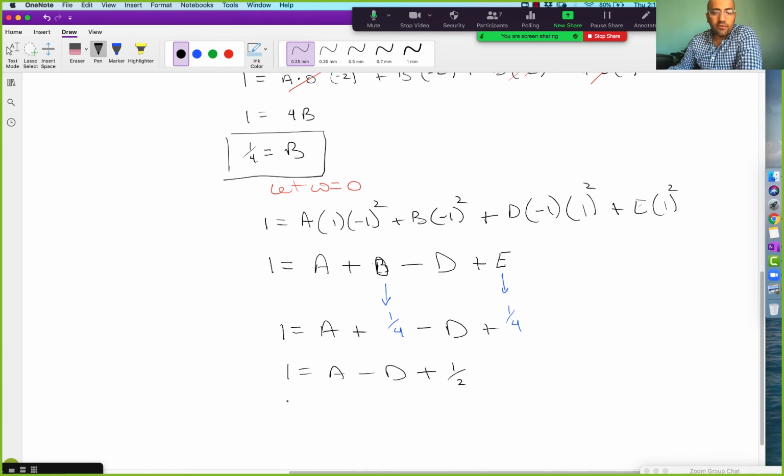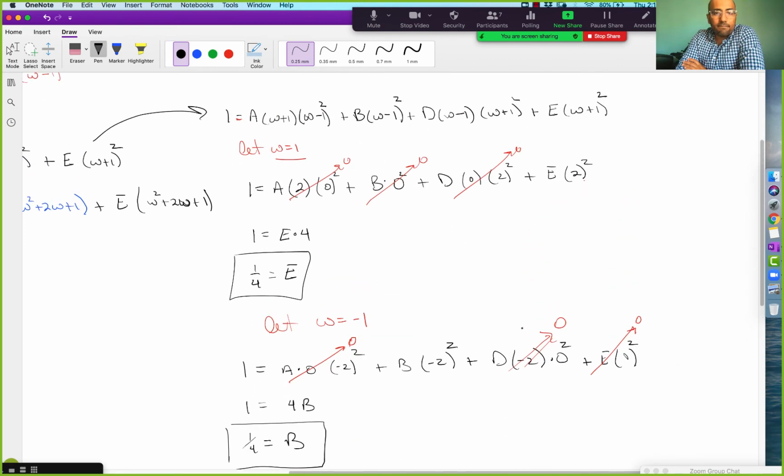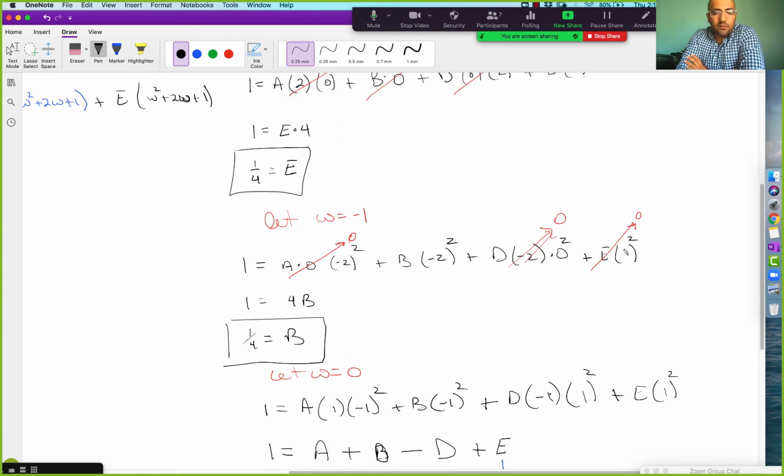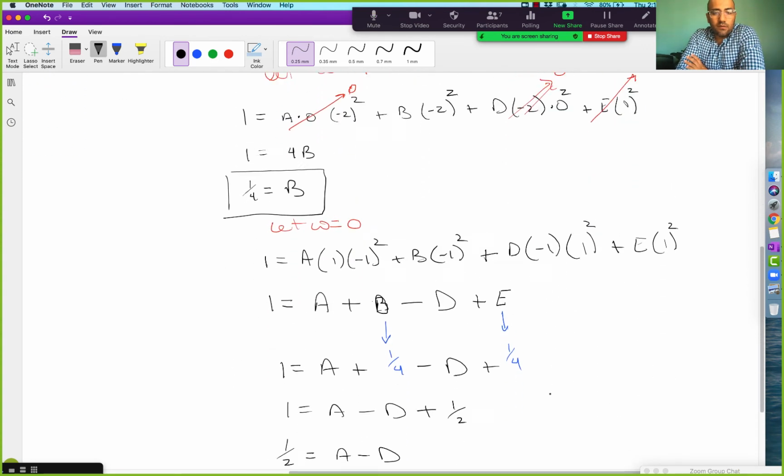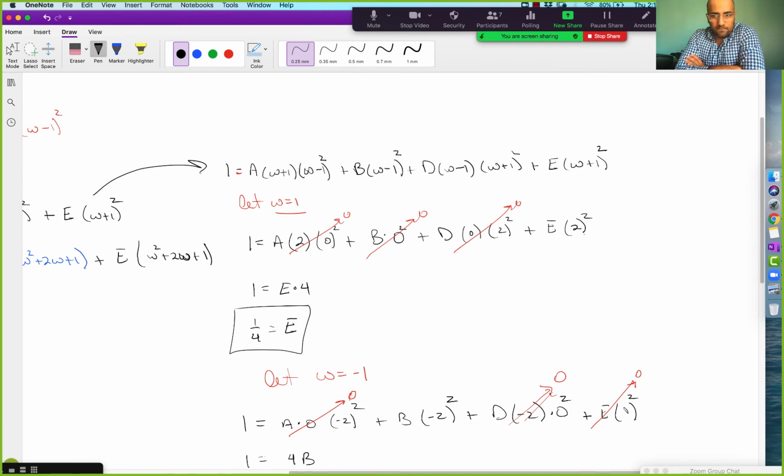Moving that to the other side, we end up with 1/2 is equal to A minus D. Okay, so let's see, what else could we substitute? We've tried 1, -1, and 0. Let's see, what else would be a good choice to substitute?